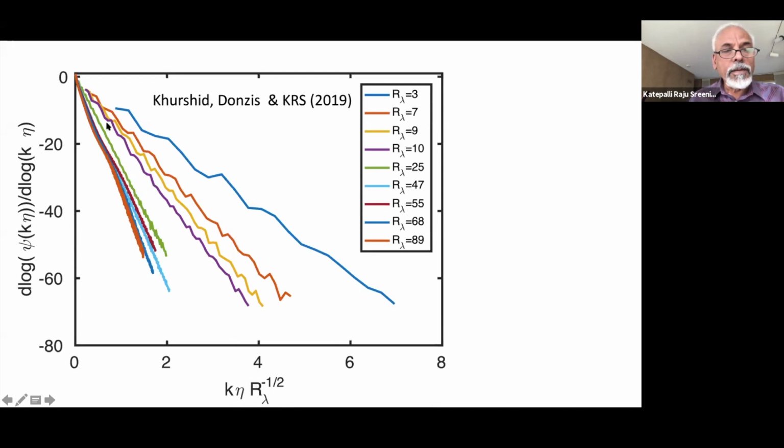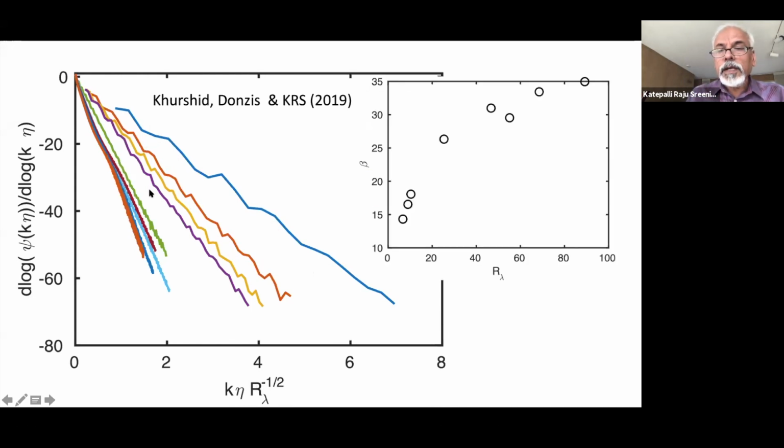If I do that, all the data for different Reynolds numbers have this exponential form, and I can get the fit for this slope, and that's the way I get them as a function of Reynolds number. Initially, beta changes with Reynolds number, but with higher Reynolds number, it seems to settle down. So essentially, for high Reynolds numbers, I claim that this form is the one that is correct and that is supported by the data.